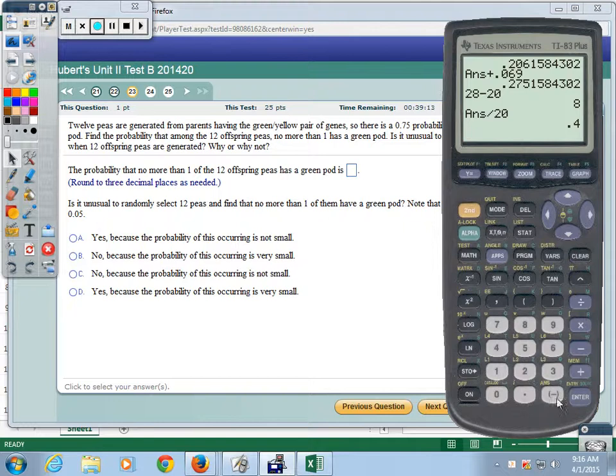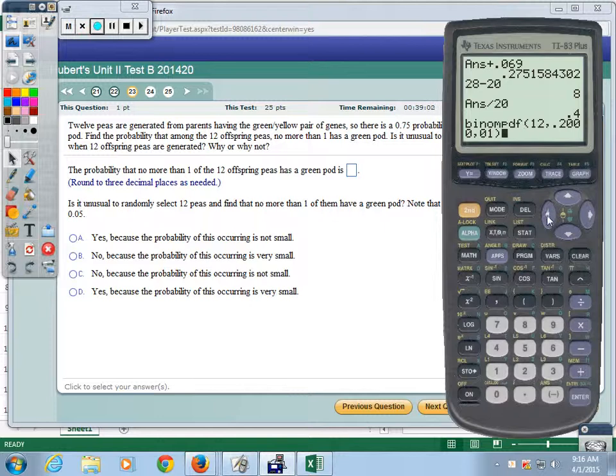Second function, enter. Second function, enter. 12, 0.75, 0 and 1. We'll do 0 first.